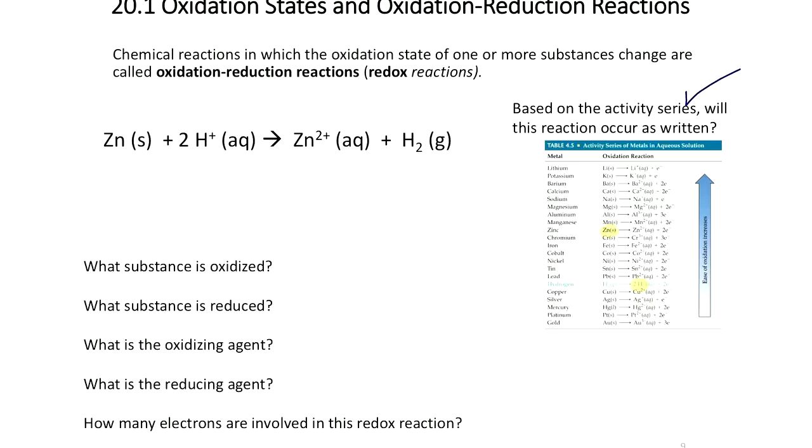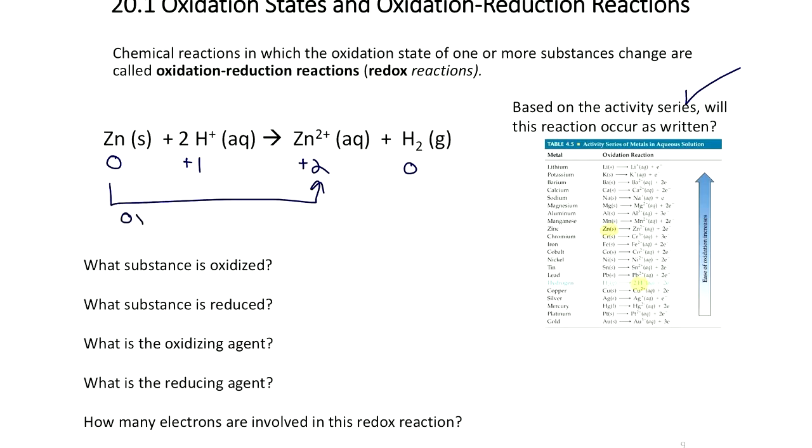We can ask what is being oxidized and reduced, so we get oxidation numbers of everything. Zinc is being oxidized, H plus is being reduced. So the oxidizing agent is H plus, but the reducing agent is zinc solid. That's review.